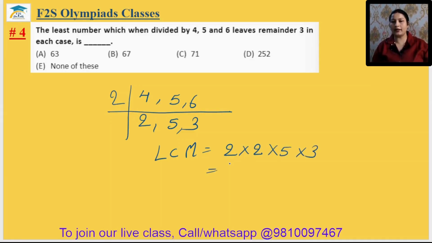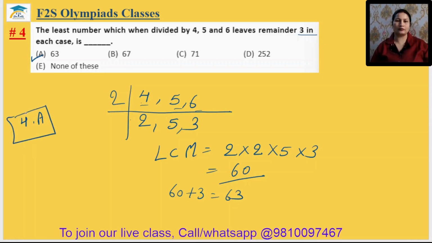Taking the common factor 2: 2 2s are 4, 2 5s are 10, 2 3s are 6. So 2 2s are 4, 4 5s are 20, 20 3s are 60. So 60 is the number which is completely divisible by 4, 5 and 6. But it should leave the remainder 3, so just add 3 to it. 60 plus 3 is 63. Available in option A. Fourth answer is option A.